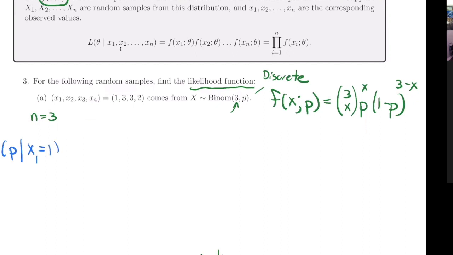And we found that in the first sample, there was 1 success. Sample 2 had all 3 successes, as did sample 3. This one had 2. This process we can do no matter how many observations we have. Here we have 4 observations. It just gets more time consuming, but the math is the same whether we had 4 or 24 observations.